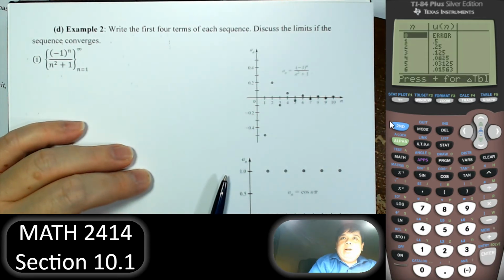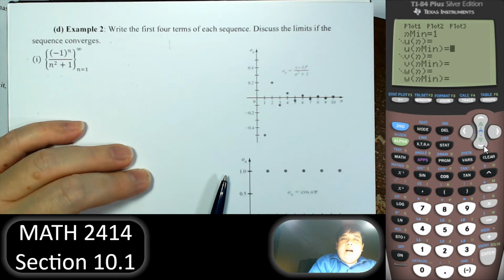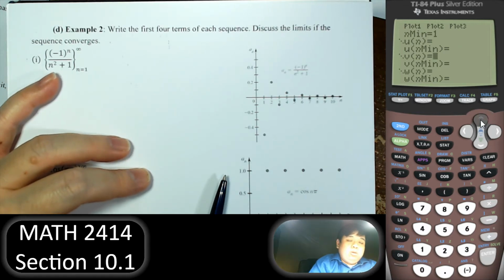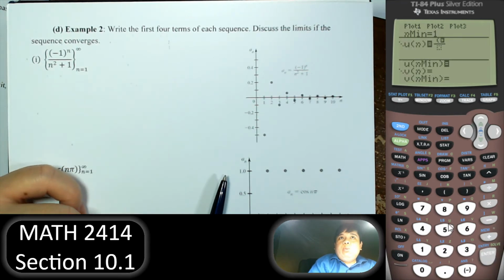Okay, the way we do this, first 4 terms. Here we have the explicit formula. Usually we hit alpha y equals, and I want to type it exactly the way we see it, and then n squared plus 1.